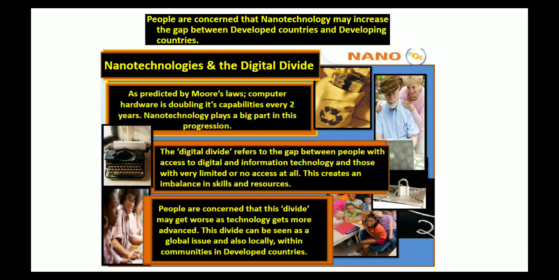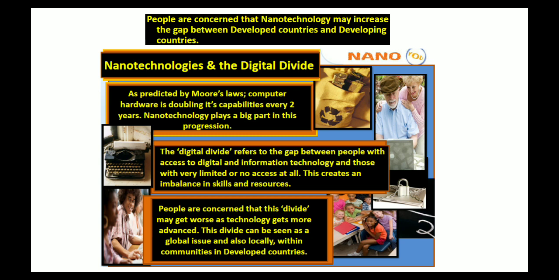This is known to all of us. Nanotechnology plays a big part in this progression. Definitely nanotechnology is helping us get technology more and more lightweight and smaller. The size of the pen drive is going down, but the memory size in the pen drive is increasing.